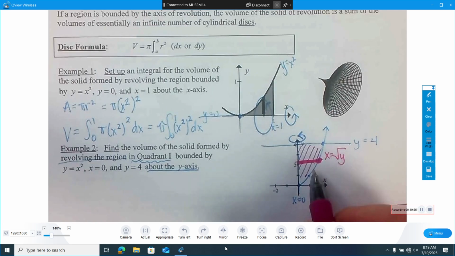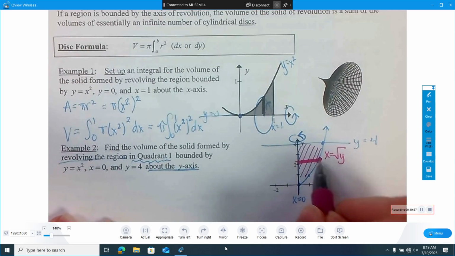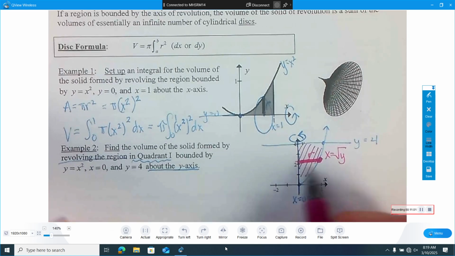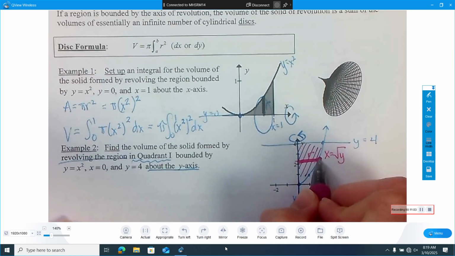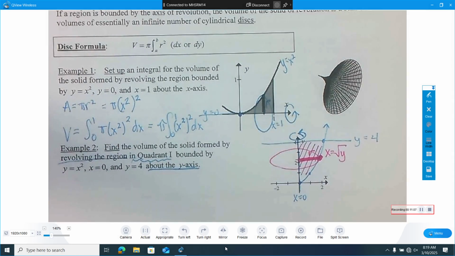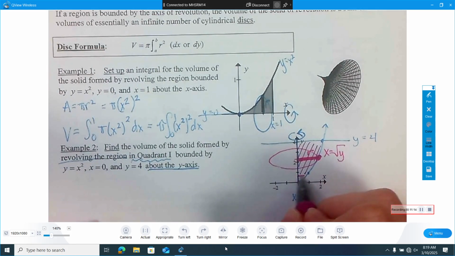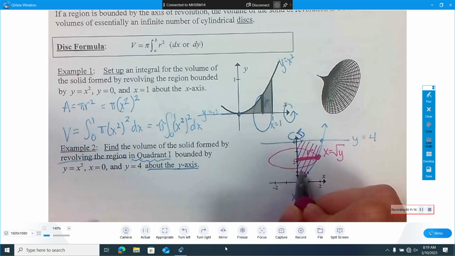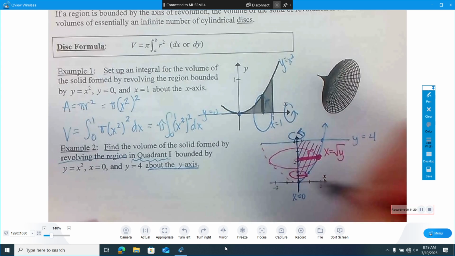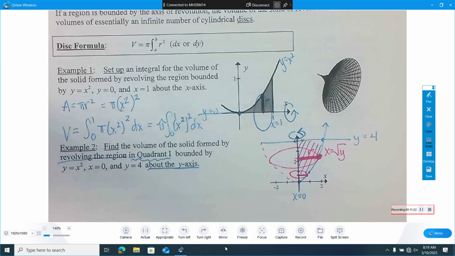Now we're going to go in terms of y. And again, we're going to take basically this radius, which happens just to be the square root of y, and we're going to spin it around that y-axis, creating our discs. And of course, there's lots of those discs. We could spin one down here that's much smaller. And you can see we get this sort of bowl shape as we go.